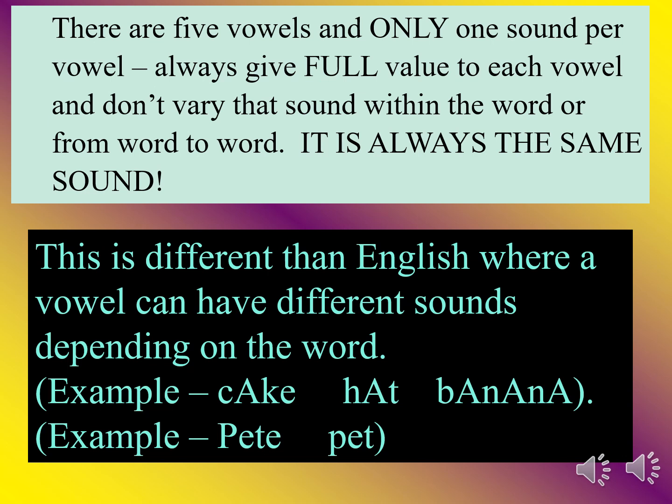Down below we have Pete and pet. Okay, we have a long E and what's called a short E. Spanish does not do that. So if these were all words in Spanish, every time in a word like banana, each a would be pronounced the same, exact same way.